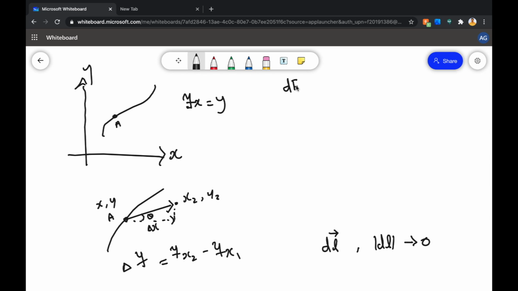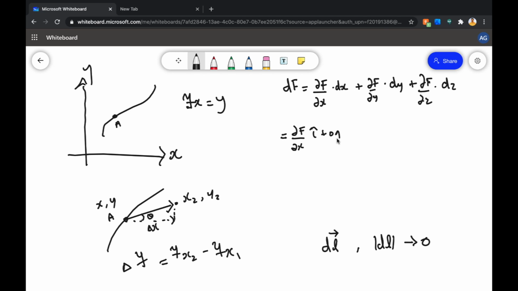So what we did earlier, from that we got df equals d of f equals del f upon del x dot dx plus del f upon del y dot dy plus del f upon del z dot dz, which is equal to del f upon del x i cap plus 0 j cap plus 0 k cap, because del f upon del y is 0 as the function is only dependent on x, dotted with dx i cap plus dy j cap plus dz k cap. Now this is our dl vector.